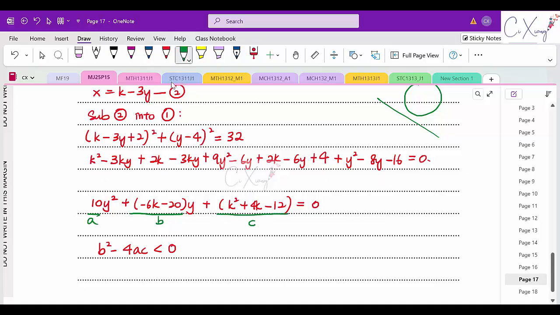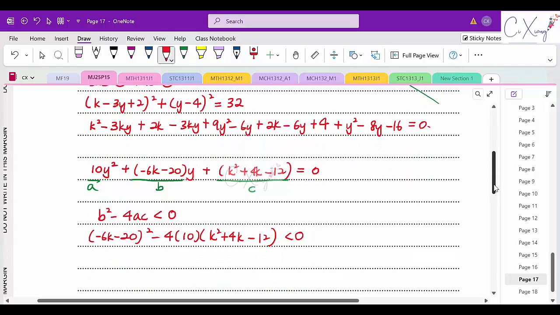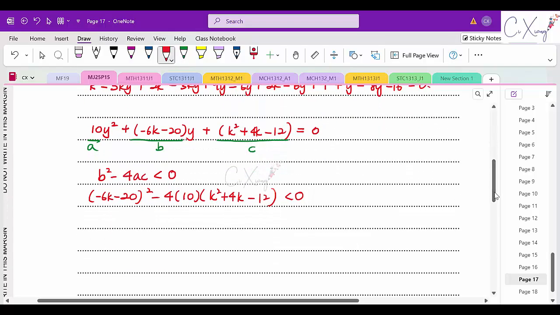Okay, so let us substitute into our inequality here. Negative 6k minus 20 squared minus 4, then a, then c, and it should be smaller than 0. Okay, then to continue further, you just need to do a little bit of expansion. Alright, so I should have 36k squared.